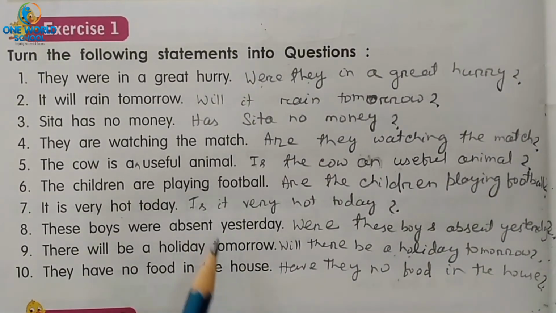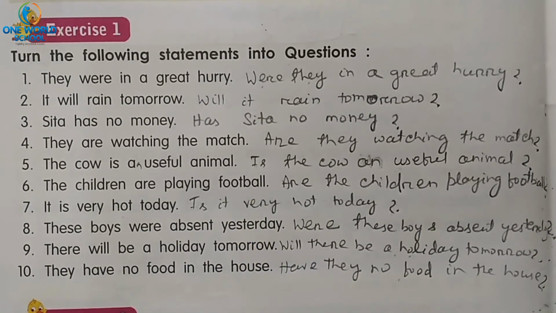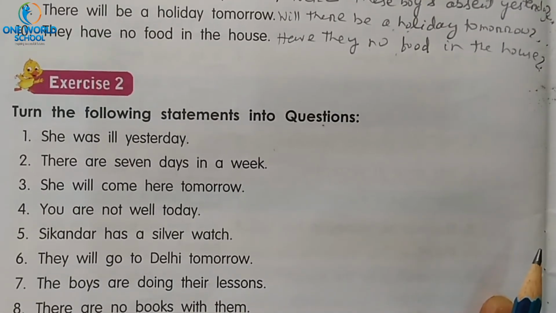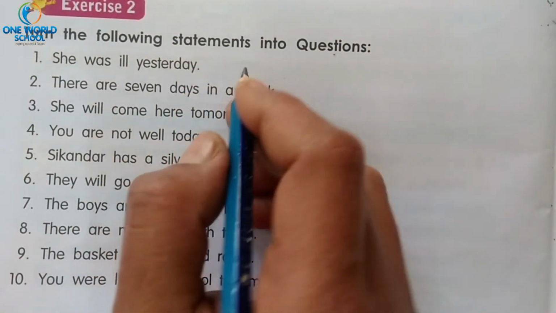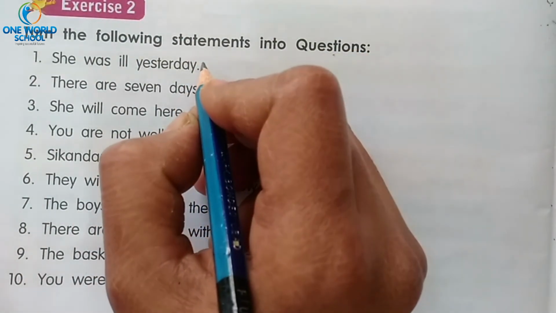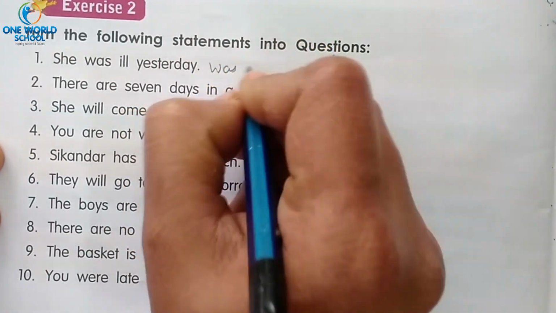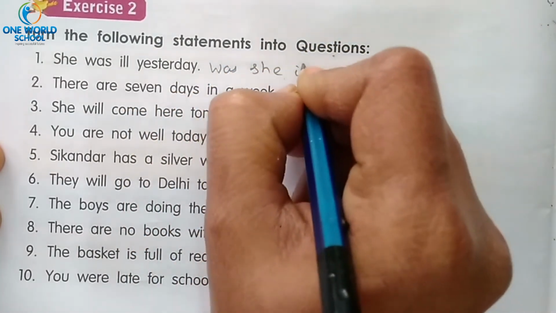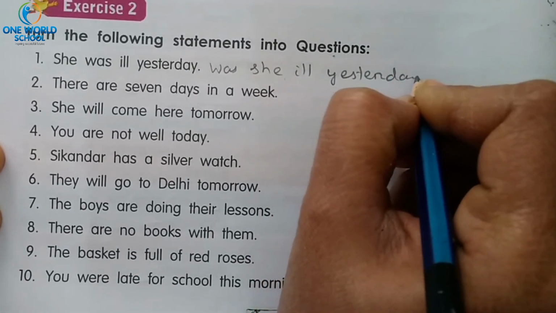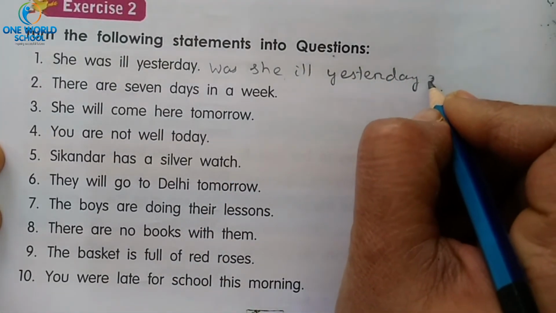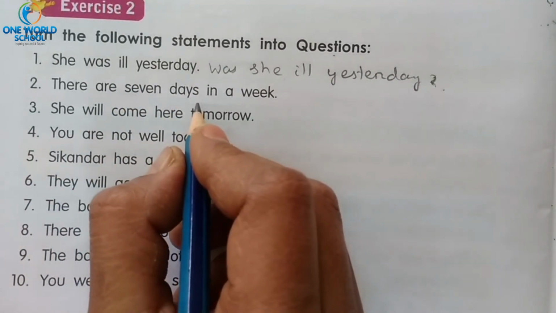So this is exercise number 1. Next, exercise number 2. Turn the following statements into questions. She was ill yesterday. Was she ill yesterday? There are 7 days in a week.